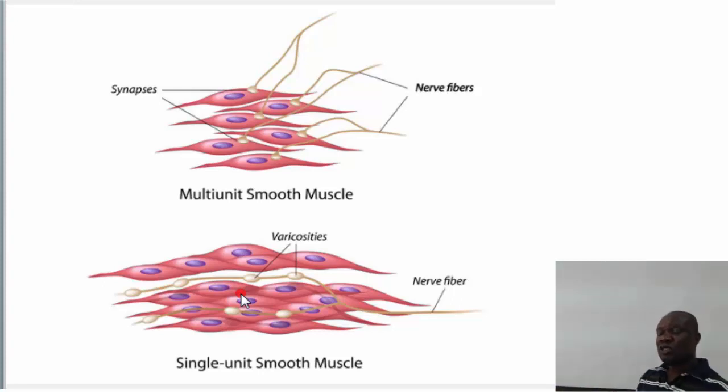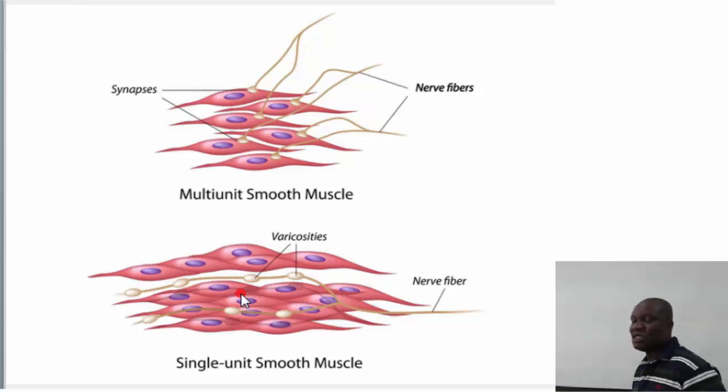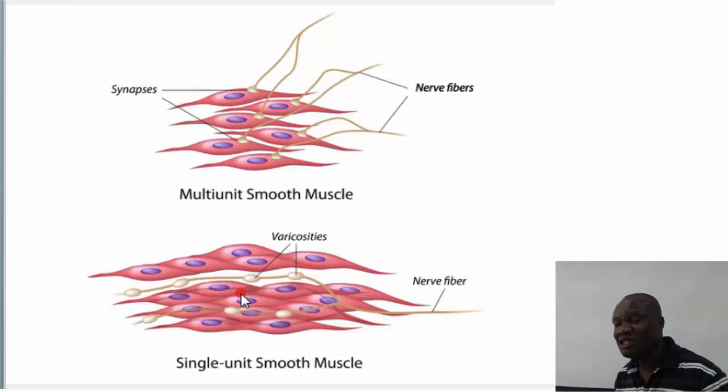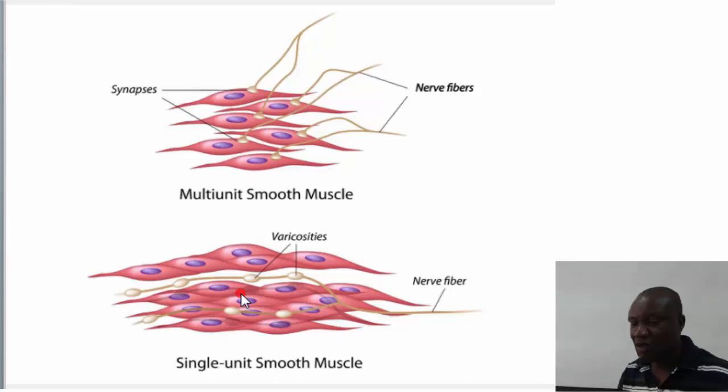Now, the single or unitary visceral smooth muscle can generate action potentials spontaneously. They generate action potentials spontaneously, and they are lowly innervated.